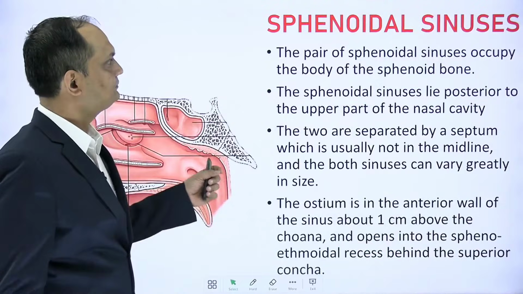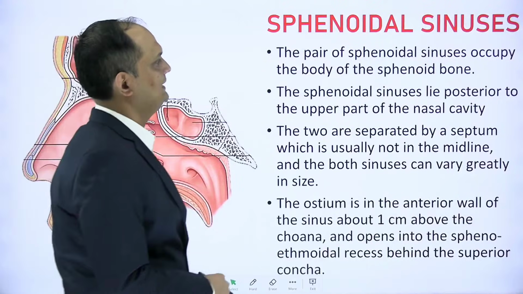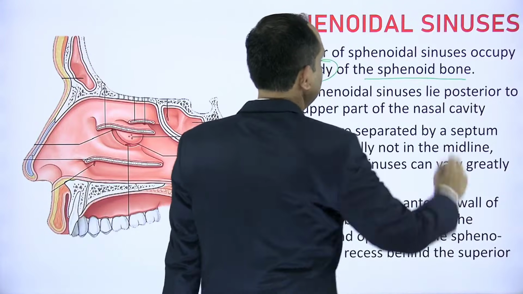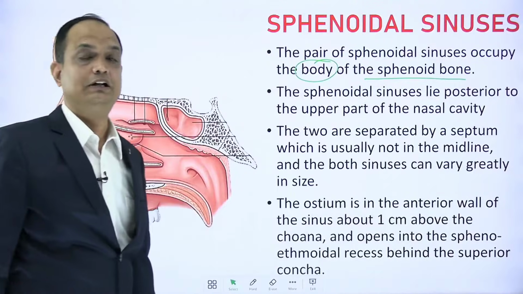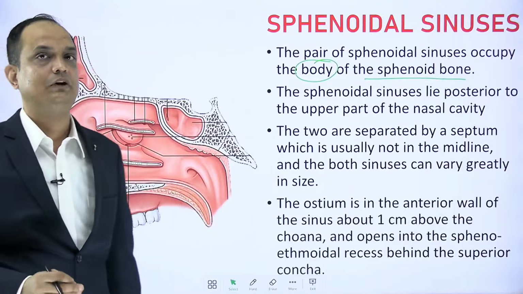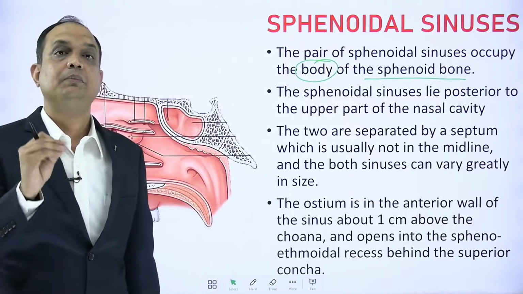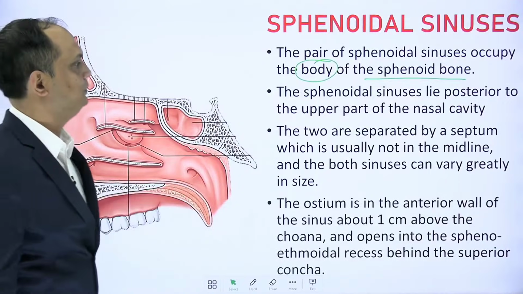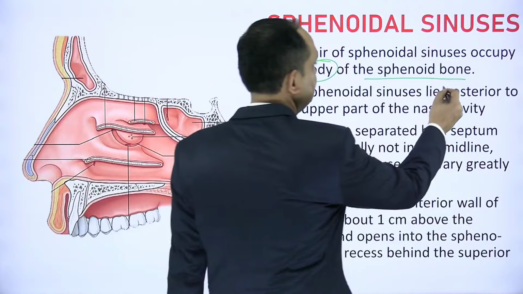Now the pair of sphenoidal sinuses occur in the body of your sphenoid bone. So where will you find the sphenoidal sinus? They are present in the body of the sphenoid bone, lying posterior to the upper part of the nasal cavity.